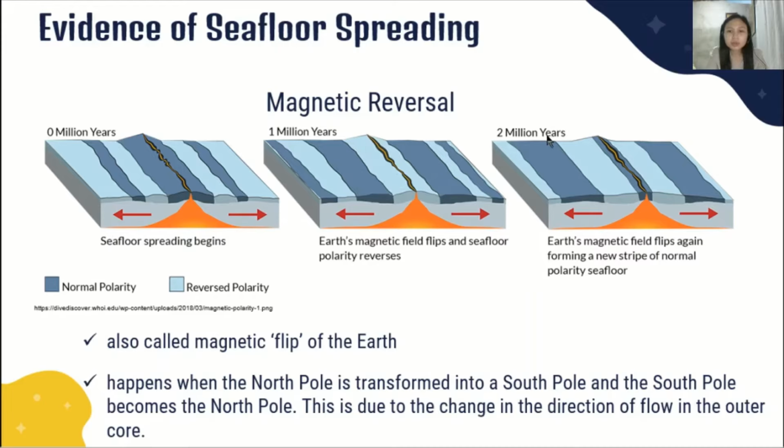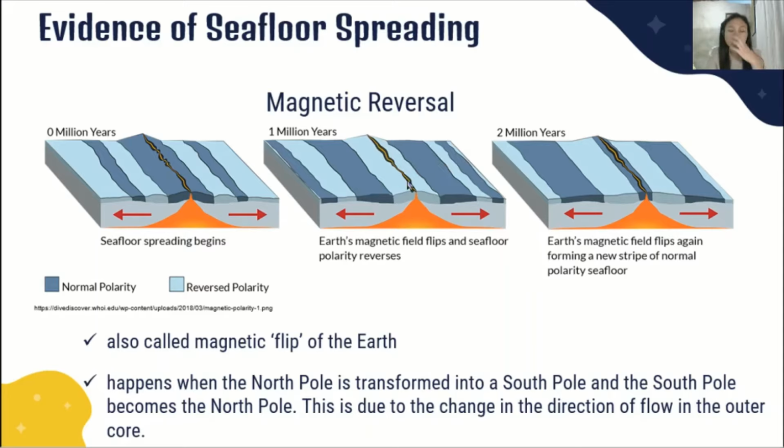After 2 million years, as you can see, there is also a magnetic reversal that had happened. So we have here the normal polarity. And as you can notice, it is symmetrical. The magnetic reversal on the left side of the oceanic ridge is the same as the right part, the other side of the mid-ocean ridge.